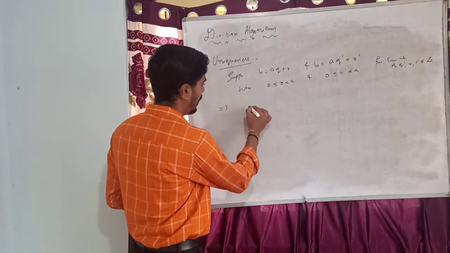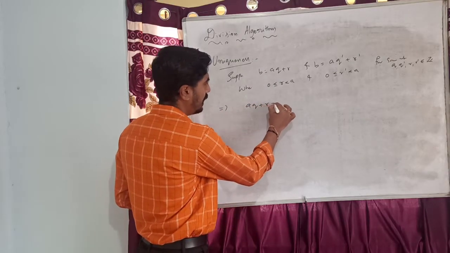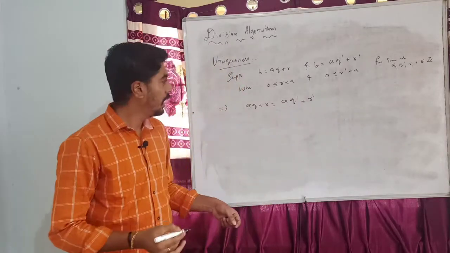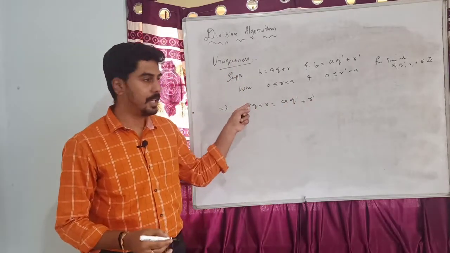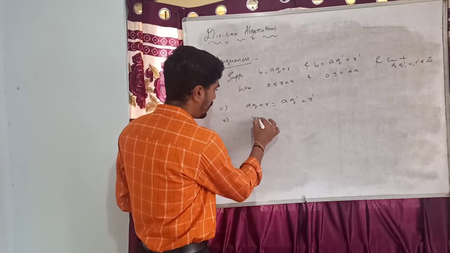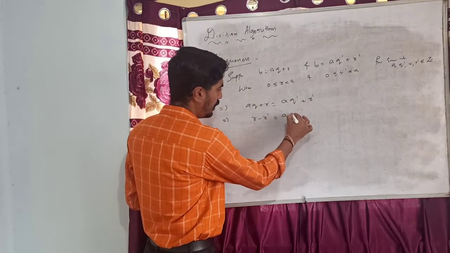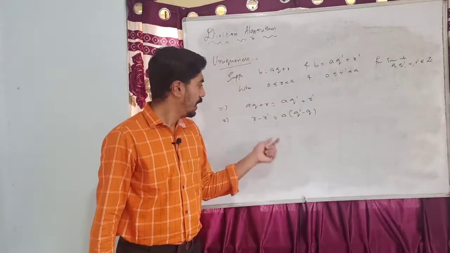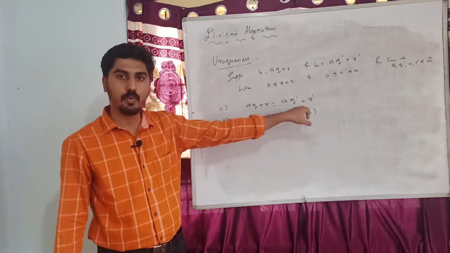This implies aq plus R is equal to aq dash plus R dash. I take R dash to the left hand side and aq to the right hand side. I get R minus R dash is equal to a into q dash minus q. So this term is an integral multiple of a.